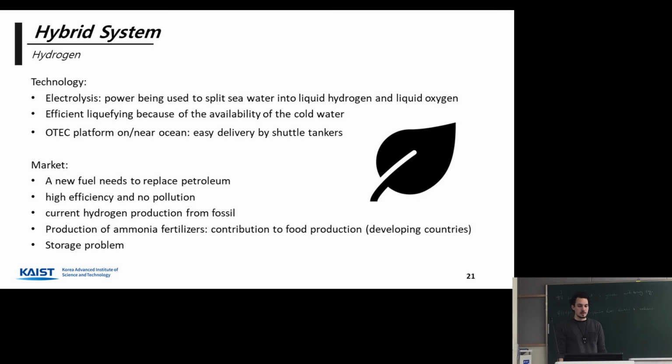So it will be a great alternative to use OTEC for hydrogen. And more than that, with hydrogen, we can produce ammonia fertilizer, which can contribute to the food production in the country that uses OTEC. One of the problems of hydrogen is the storage.